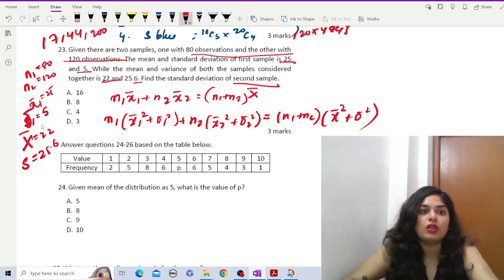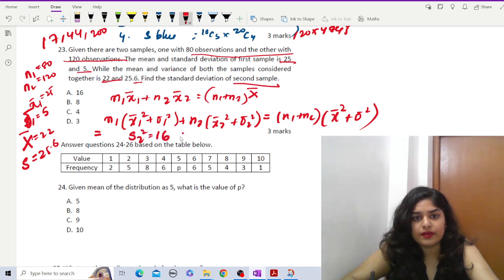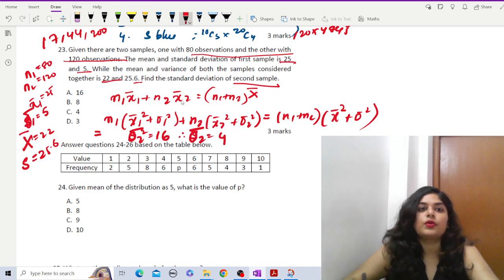As you can see, we have all the values. You can just substitute and calculate. The answer you will get is that sigma 2 square is equal to 16. Therefore sigma 2 is equal to 4, which is your answer C.